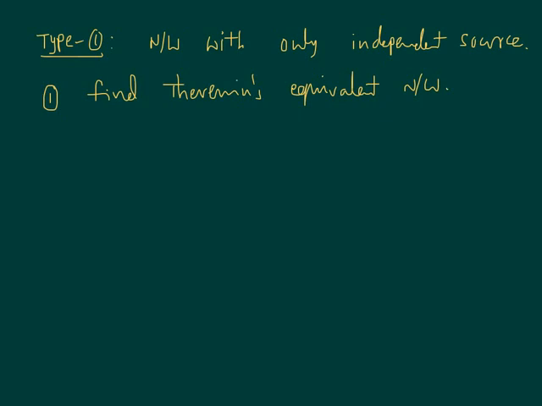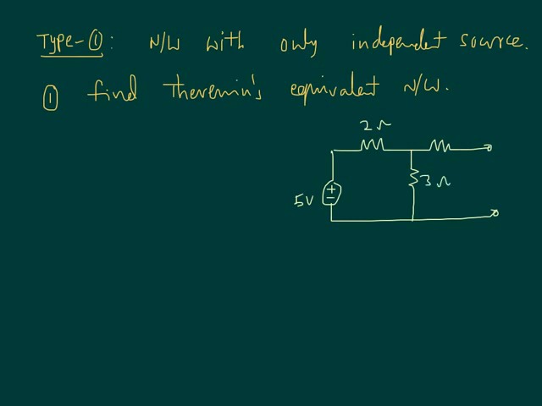The network is this: 5 volts, 2 ohms, 3 ohms, 4 ohms. These are the AB terminals.